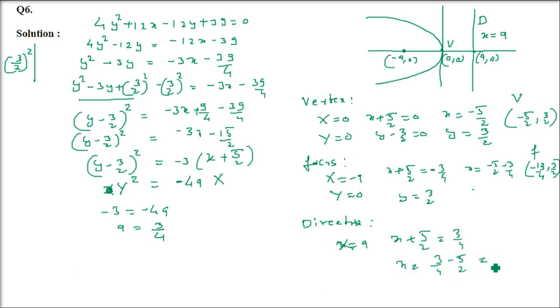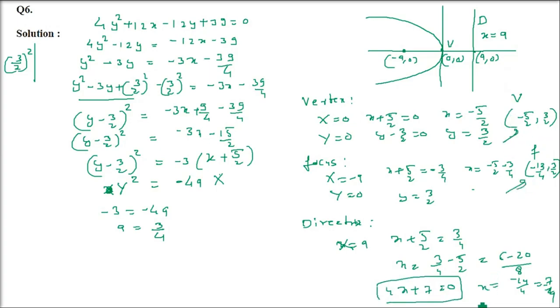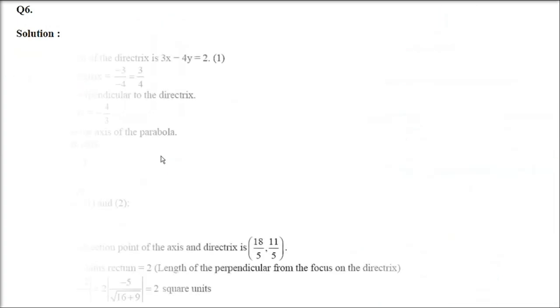So what do you get? x equals 3 by 4 minus 10 by 4, which is minus 7 by 4. So x equals minus 7 by 4. You can write it as 4x plus 7 equals 0. So this is the vertex, this is the focus, this is the directrix, right?